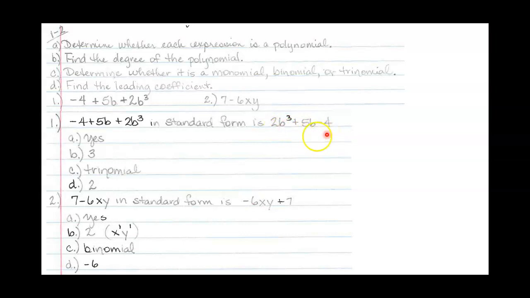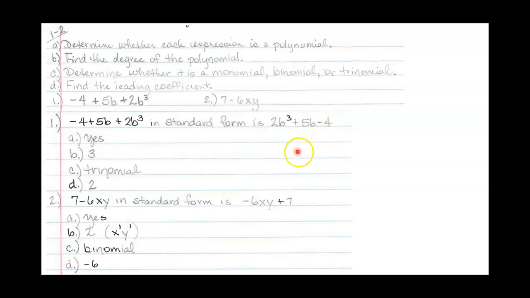The degree of the polynomial is going to be the highest powered monomial. This monomial has a degree of 3, this one has a degree of 1, and this one has a degree of 0. So the highest power would be 3. And it has 1, 2, 3 monomials, 3 terms, so that's going to be a trinomial.